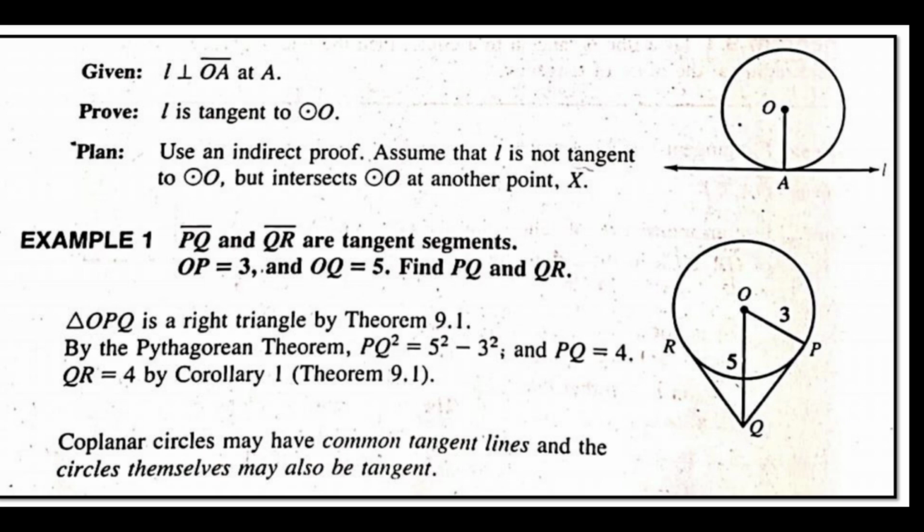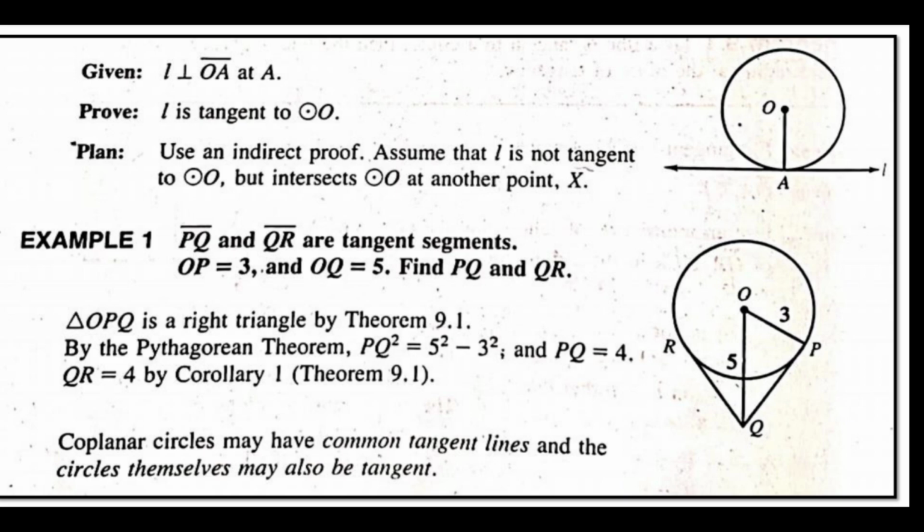Remember that Theorem 9.1 states that if a line is tangent to a circle, then the line is perpendicular to the radius at the point of tangency. By the Pythagorean Theorem, the square of PQ is equal to the square of 5 minus the square of 3, and PQ is equal to 4.